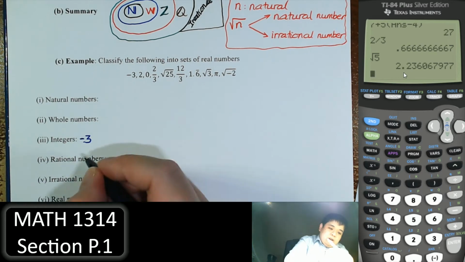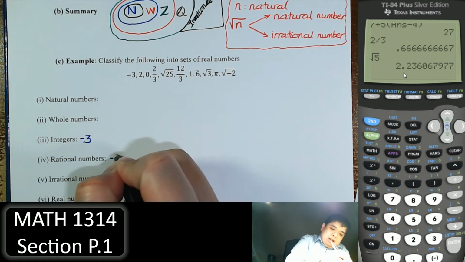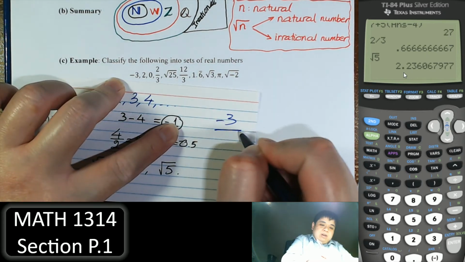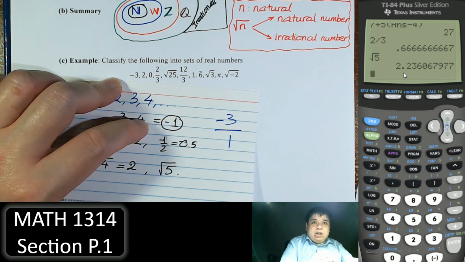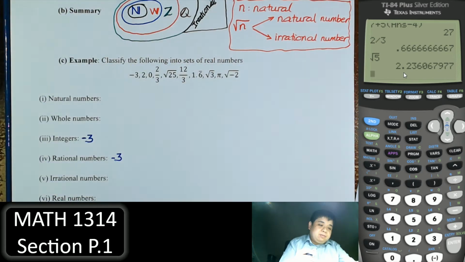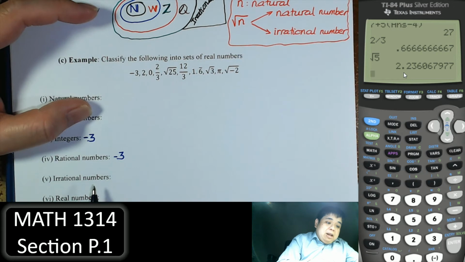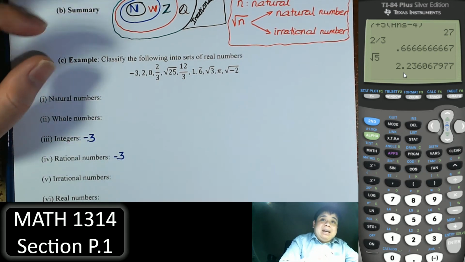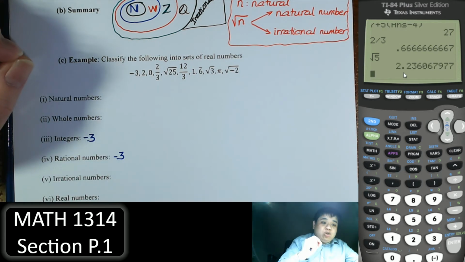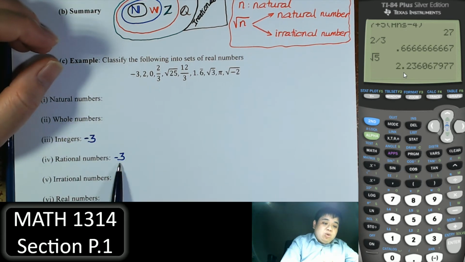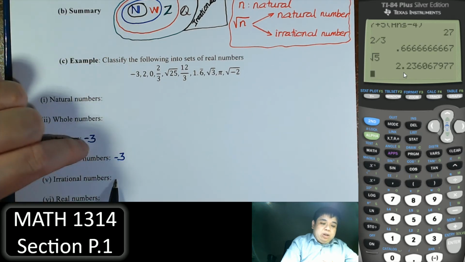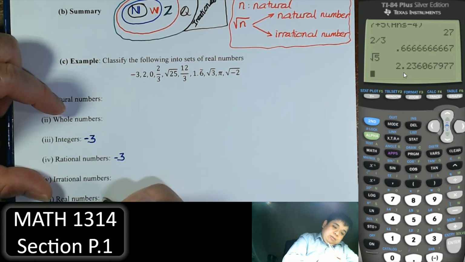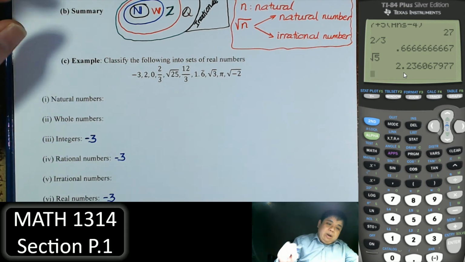If it is an integer, then it has to be a rational number, because -3 we can write divided by 1, that is a ratio, therefore a rational number. Right. A number can be either rational or irrational. So since it is rational already, it cannot be irrational. So -3 does not belong to irrational numbers. But it is going to be real. So we have the first number.